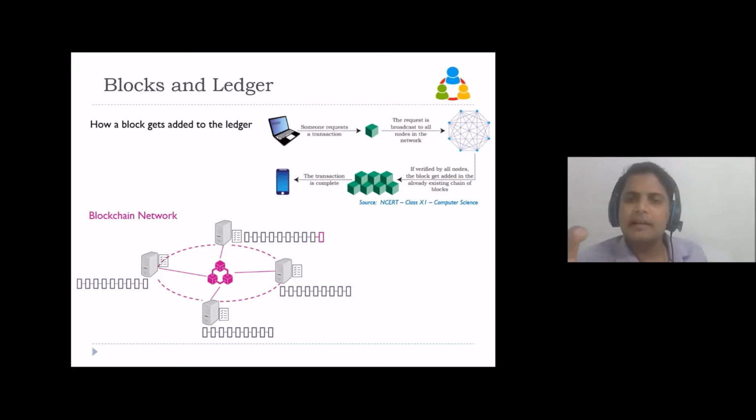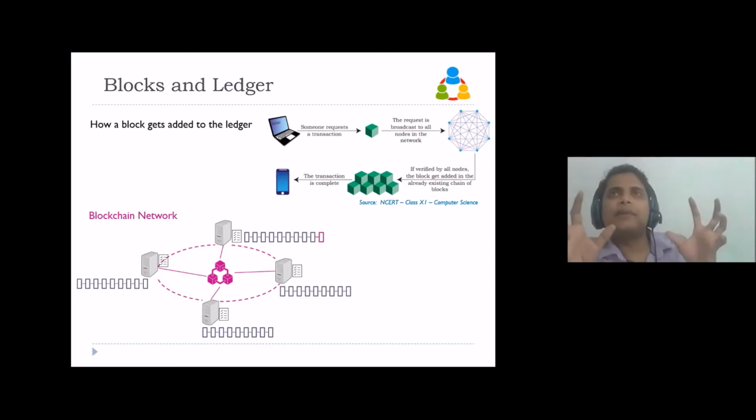This block request is broadcasted onto the network, and there are computers in the network which will look at the data in that transaction and validate it, verifying that this is a genuine transaction, whether the transaction contains all the information. There is a from, there is a to, there is an amount mentioned, there is a token, cryptocurrency information, or the data's information.